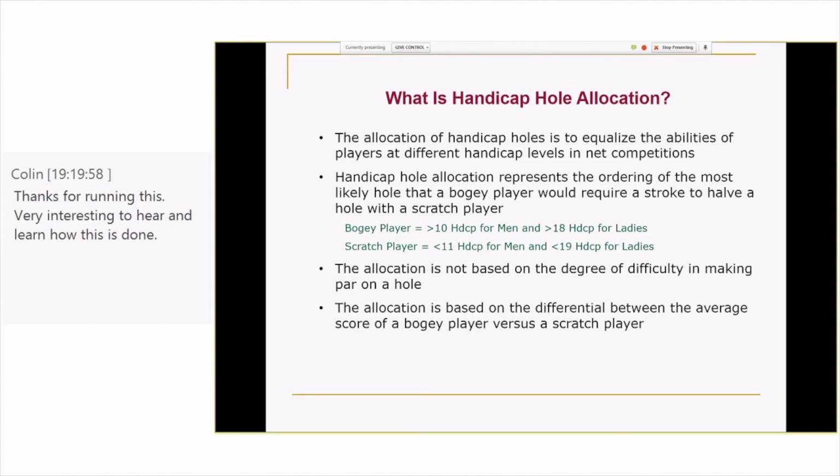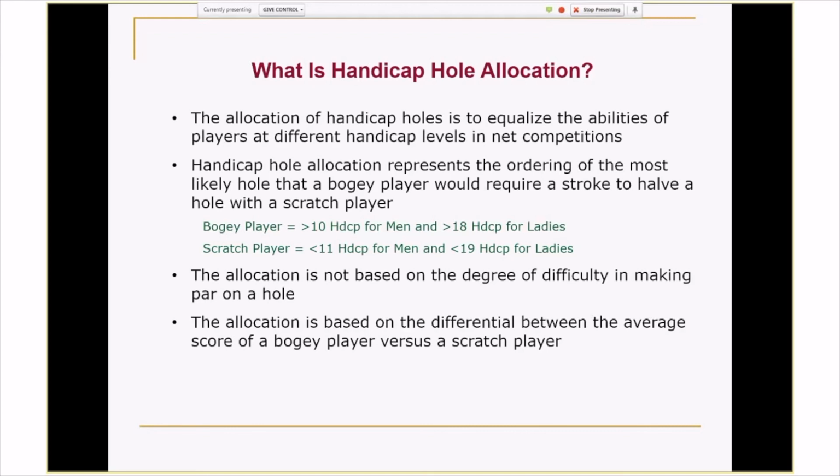Yeah, thanks, Kent, for that comment. And there are two ways that you can allocate the holes. One in which you strictly take all the scores from the players in the events, and you base those allocations on the hole that plays the most under par. The second option is the option that the golf committee chose to take, which was that differential, which when we think about it, makes a little bit more sense when we have the number of matches that take place either in the club events or just in your Saturday or Sunday morning golf games amongst your golf group.